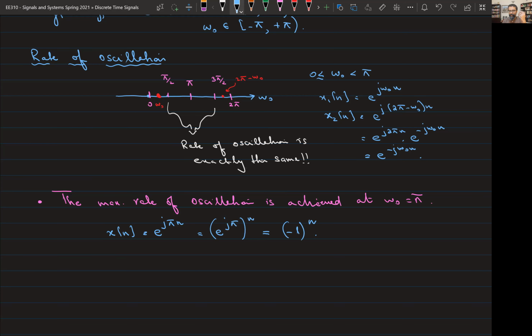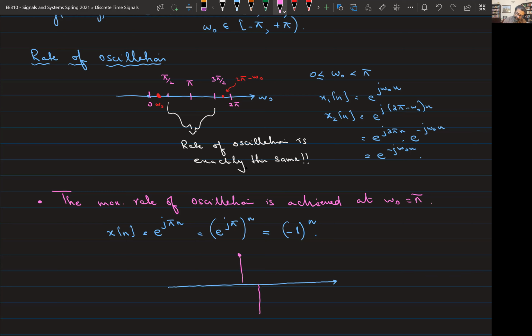With minus 1 raised to power n, if I plot this signal, this is a real signal, which makes sense because it's on the positive axis and the negative axis, with a 180 degree shift each time. Plus pi and minus pi, by the way, are exactly the same, plus 180 degrees and minus 180 degrees. So what does this signal look like?